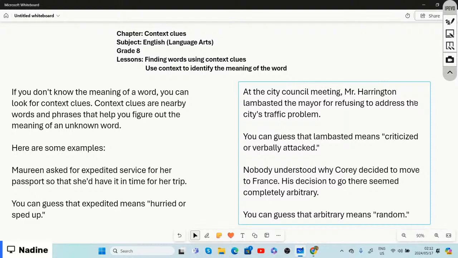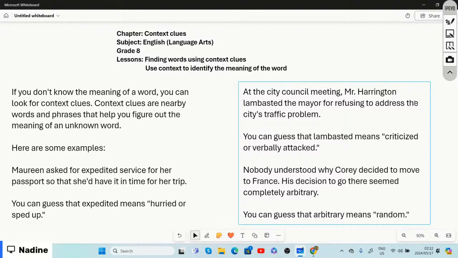And if we look at the word lambasted, it means criticized or verbally attacked. It's like having a mini dispute verbally over certain issues. So lambasted means criticized or verbally attacked. Expedited means to hurry up or speed up.